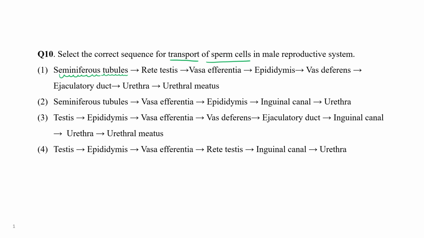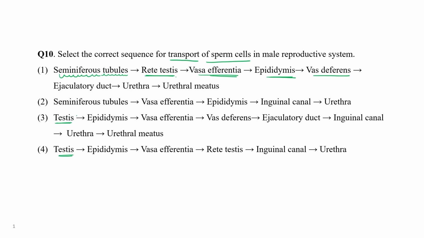These seminiferous tubules are connected with the rete testis, and the rete testis is connected with the vasa efferentia, then the epididymis, then vas deferens, then the ejaculatory duct, then urethra, and then urethral meatus. So this is the correct passage. In choices 3 and 4 they have mentioned testes first, so that is not the correct position.